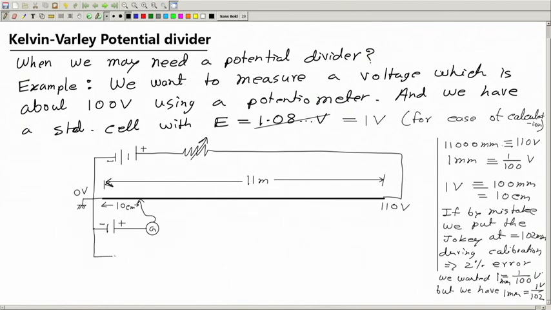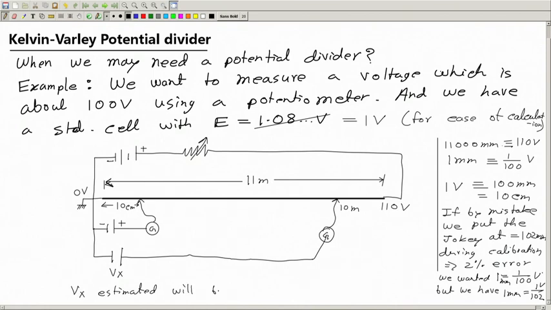Therefore, during the measurement, if we get the balance, so this is the unknown Vx, if we get the balance somewhere here at 10 meter, then we will estimate Vx as, actually 10 meter means 10 by 11 into 110 volt. So, this will be 100 volt.